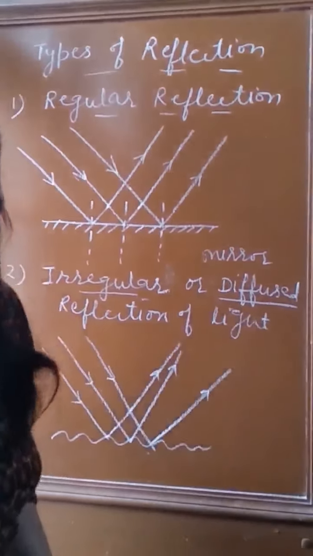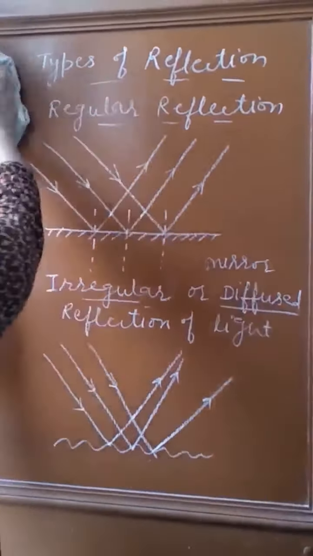Now, we will discuss when a ray is incident perpendicular or normal on any surface, then what happens?